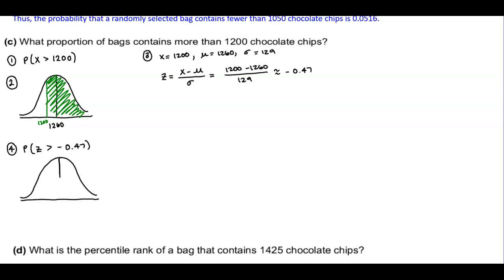Okay, now that we changed it to the normal curve, we know that this is going to be 0. And now our z-score is turned into negative 0.47. And we want to find the area to the right of this.